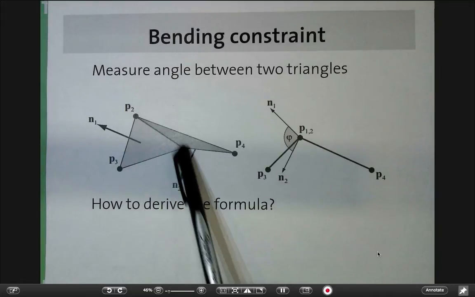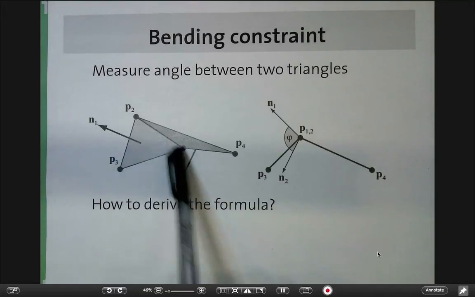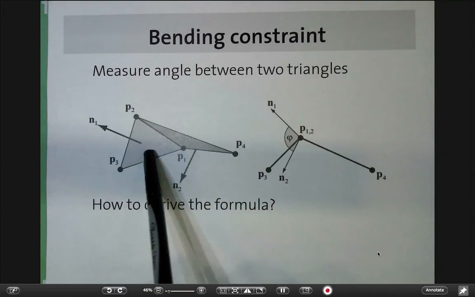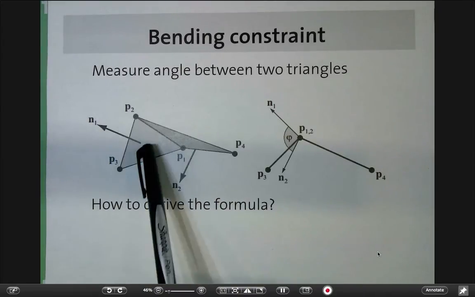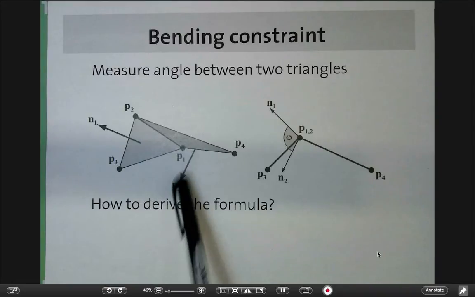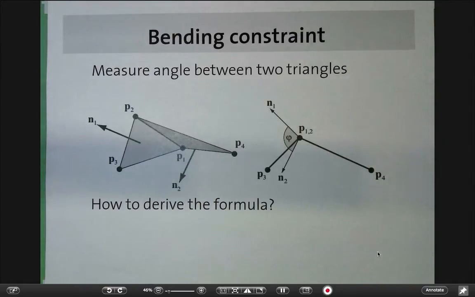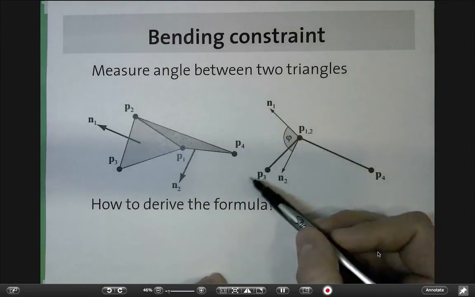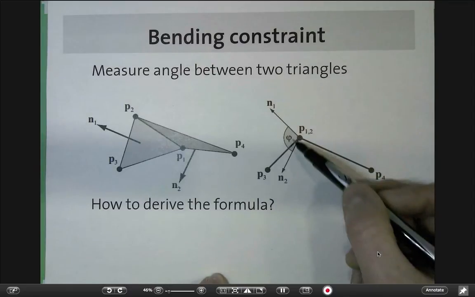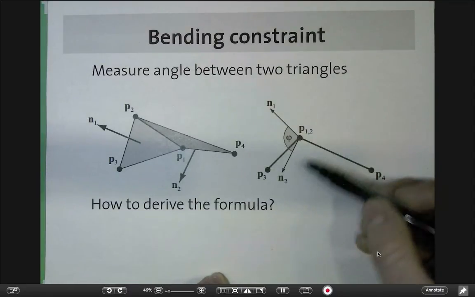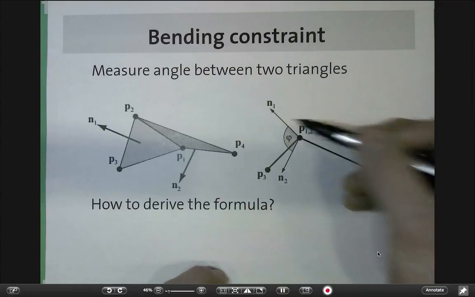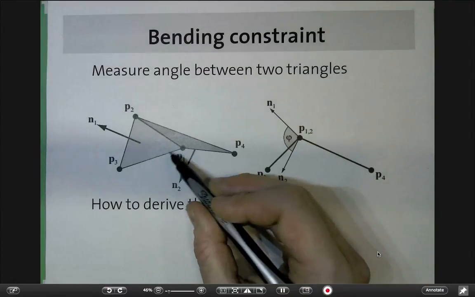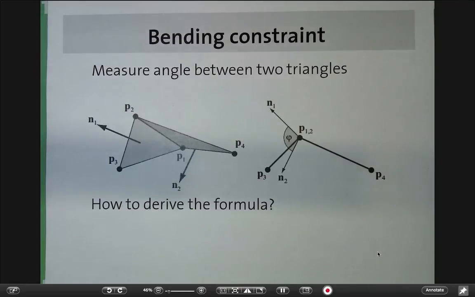If I have a hinge like this, two triangles connected by an edge, I can compute the normal of one of them and the normal of the other one, in this convention so this one goes up and this one goes down. From the side view, this is the normal of the first triangle and the normal of the second triangle, which points down. I just measure the angle between the two normals. So this is really computing the angle of the hinge, essentially.